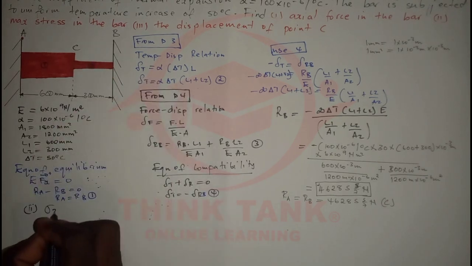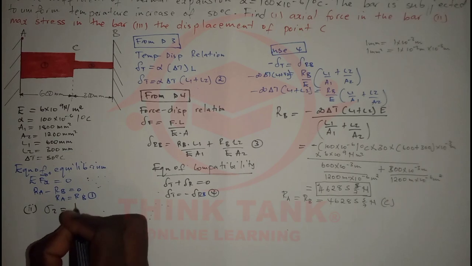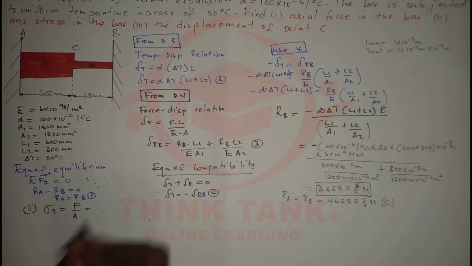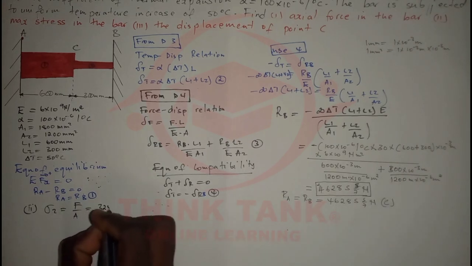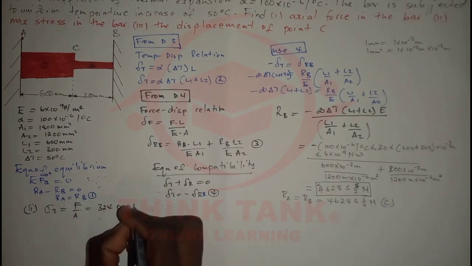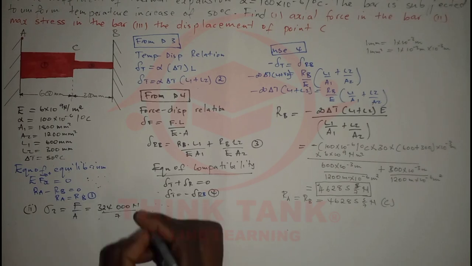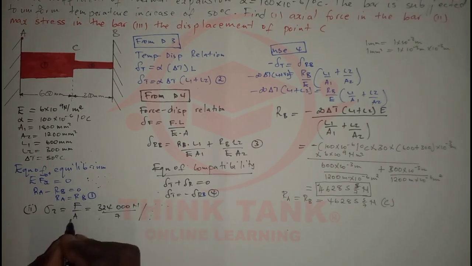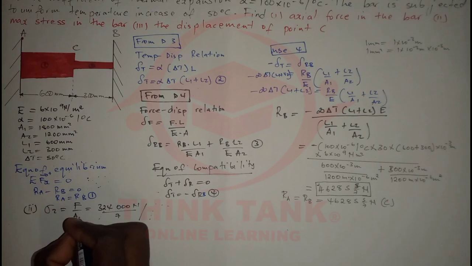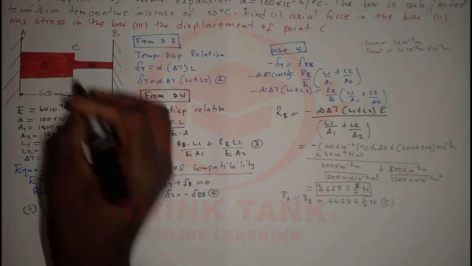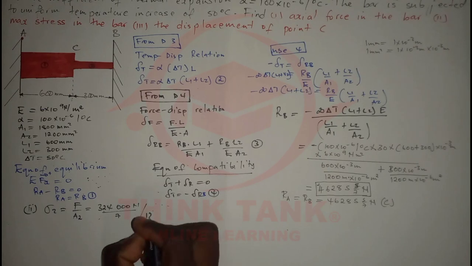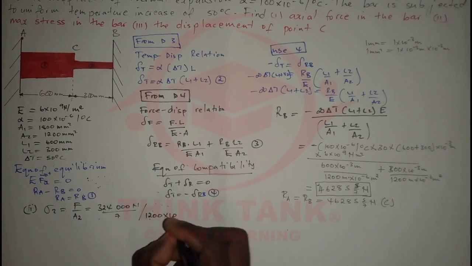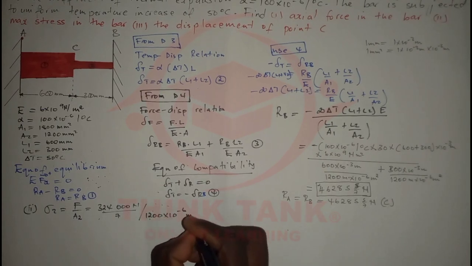So the stress of 2 is going to be force over area, and the force is equal to this one. If you write this as a fraction, it's 324,000 newtons divided by 7. And for the cross-sectional area of 2, let me write 2 right here to indicate that it's the area of the second part, it's going to be 1,200 times 10 to the power negative 6 meters squared.